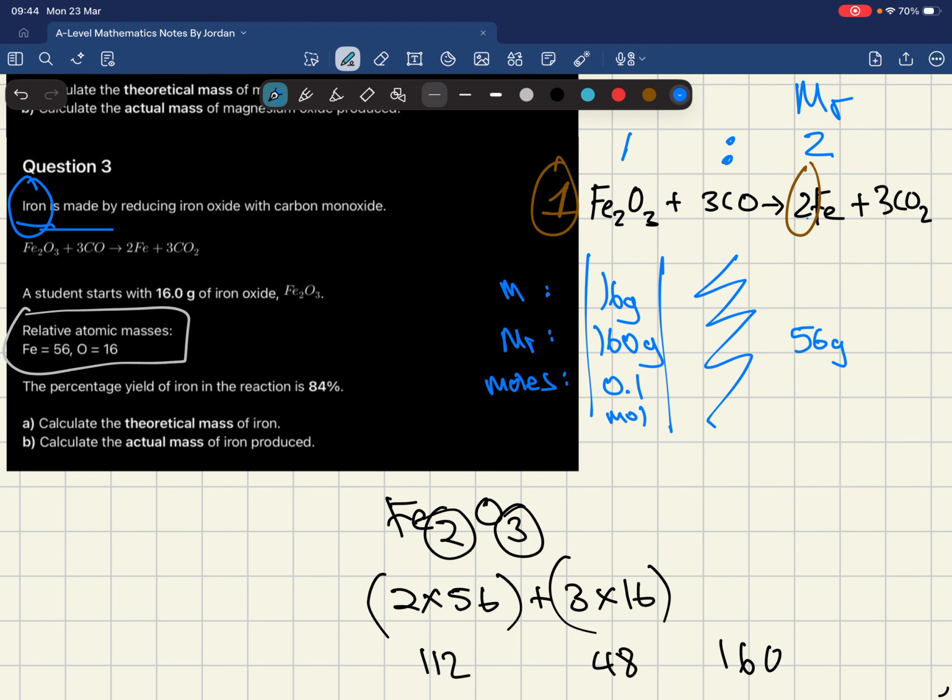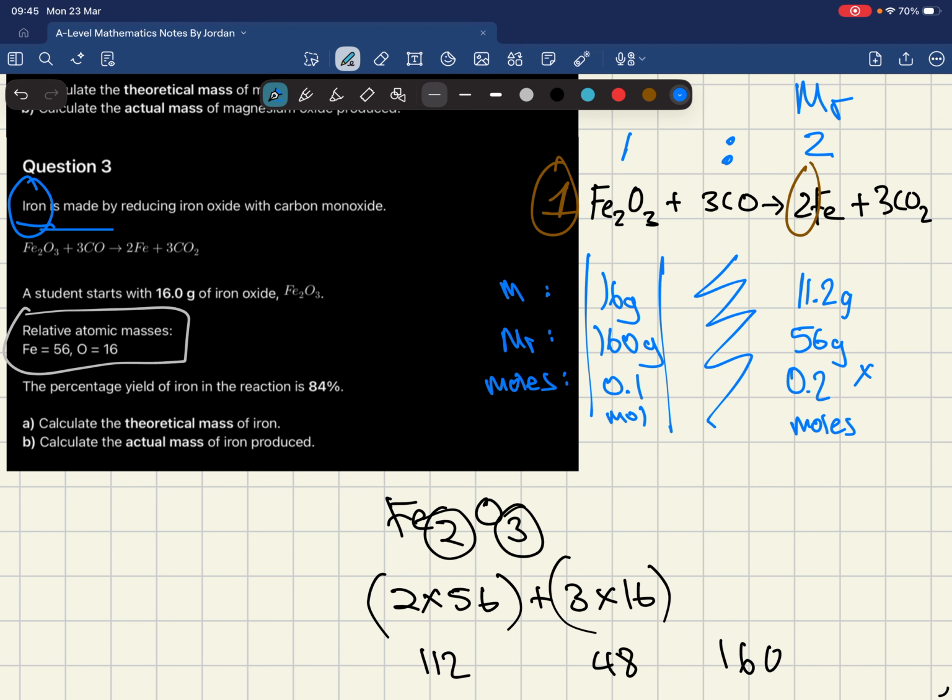So to get the moles of iron, I just need to double the moles of iron oxide, which would be 0.2. And then if I multiply these two together, that's going to give me the mass for iron. So 0.2 times that, if I did 0.1, it'd be 5.6, so it's 11.2 grams.